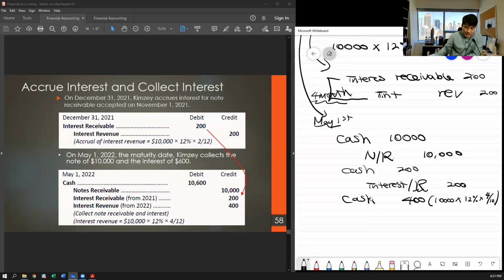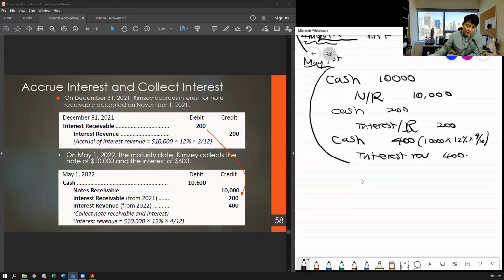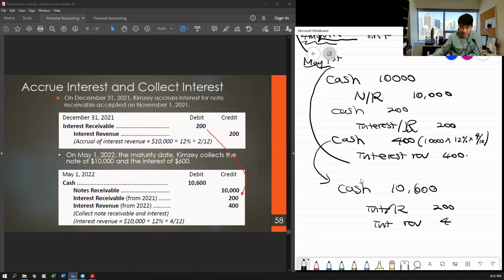That's for the interest, and that's interest revenue of 400. So this is a journal entry that's going to be recorded on May 1st. Now it looks very complicated. If I can simplify it, basically you have cash debit of 10,600. You are recording interest receivable by 200 and interest revenue by 400.